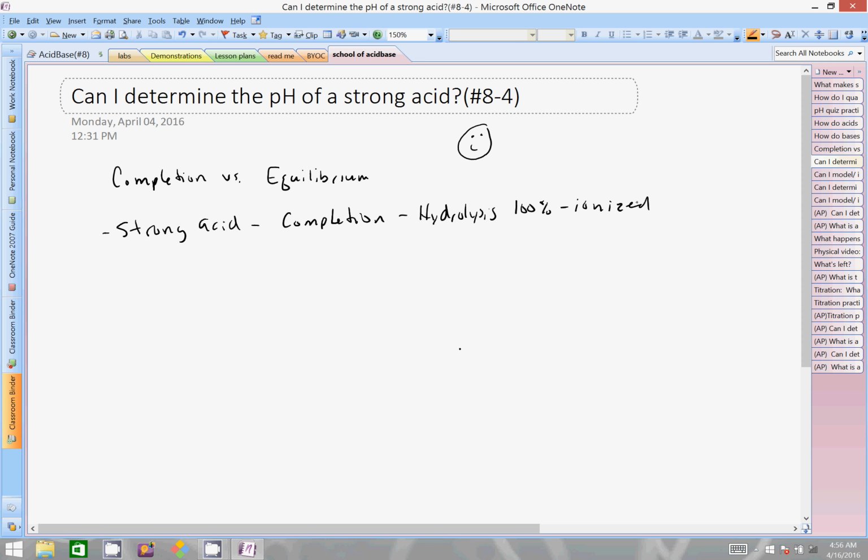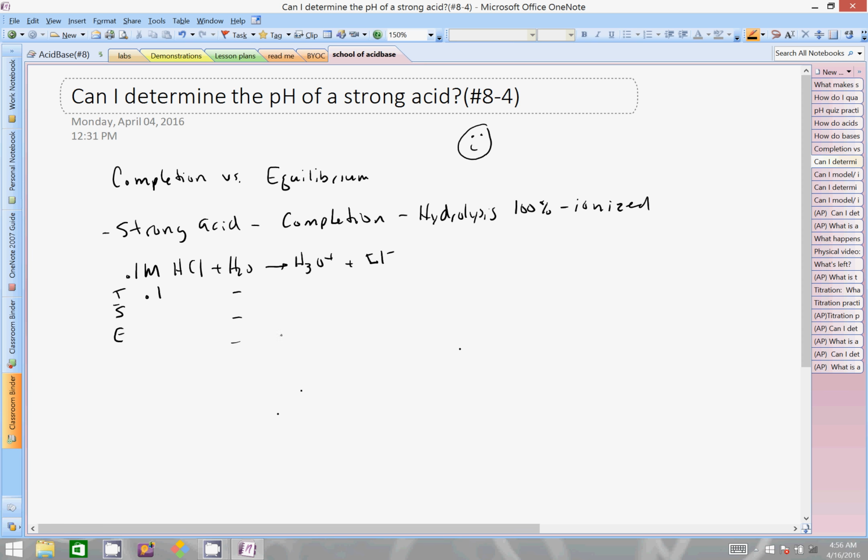So, in this case, if we have, let's say, a 0.1 molar concentration of HCl, and HCl plus water yields H3O plus and Cl negative. Initial, stoichiometric ratio, end. 0.1 is my initial concentration.